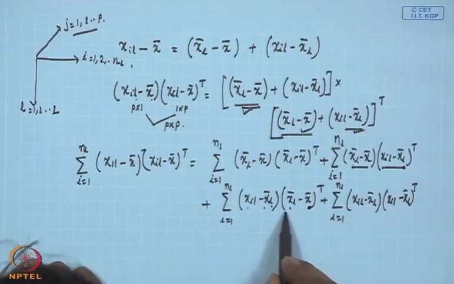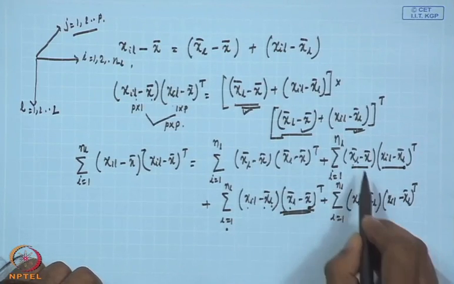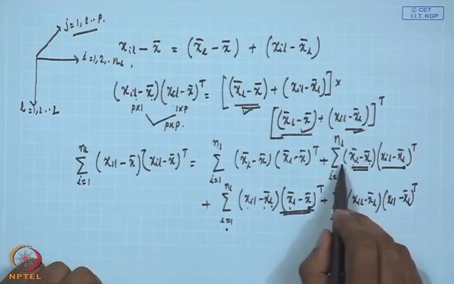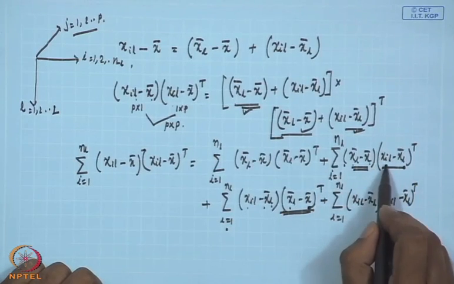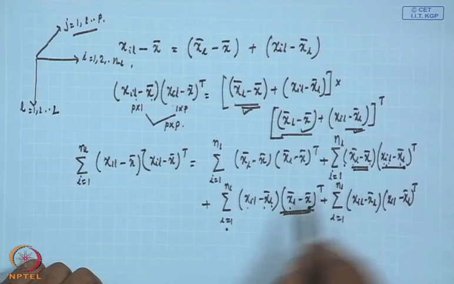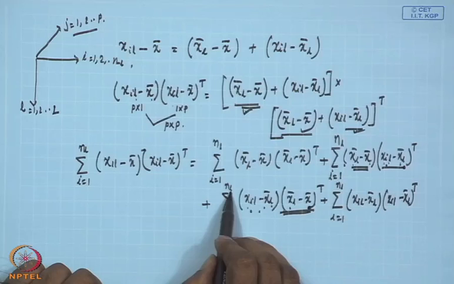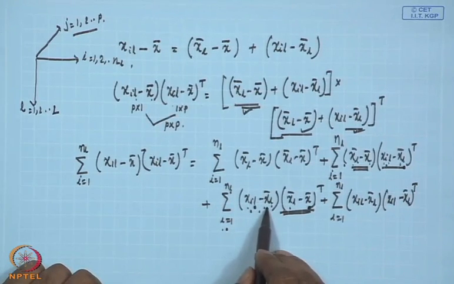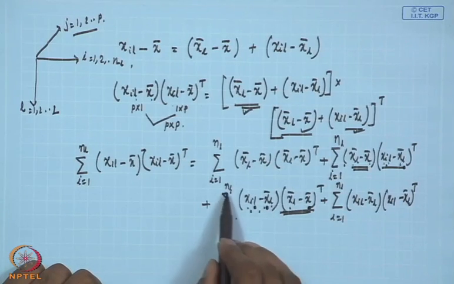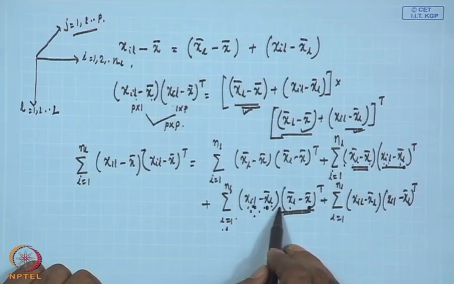This value XL bar minus x bar is independent of I. Similarly, here XL bar minus x bar is independent of I. So, the summation over I affects XIL minus XL bar here as well as here. Summing I equal to 1 to n L of XIL is nothing but n L times XL bar.